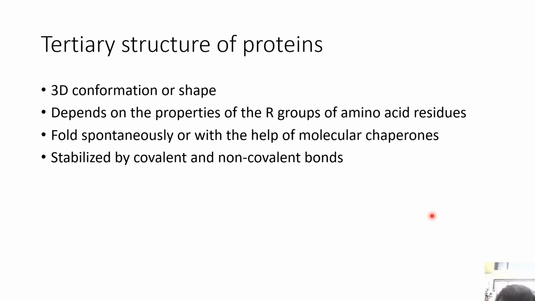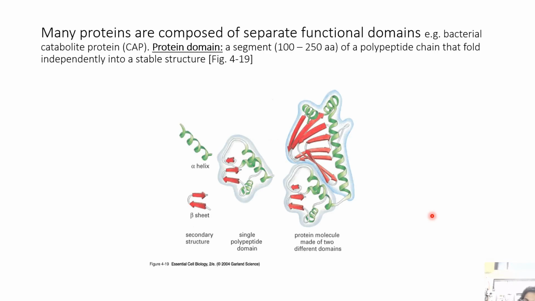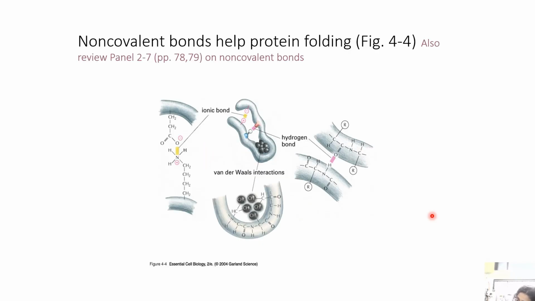They fold spontaneously or with the help of molecular chaperones. They are stabilized by covalent and non-covalent bonds. Now, many proteins are composed of separate functional domains. Example, bacterial catabolite protein. Protein domains are segments of a polypeptide chain that fold independently into a stable structure.